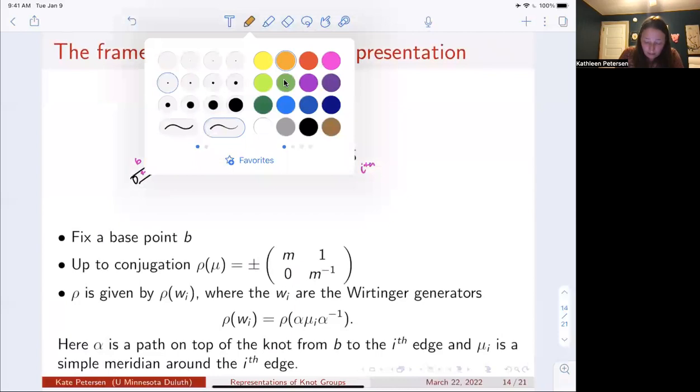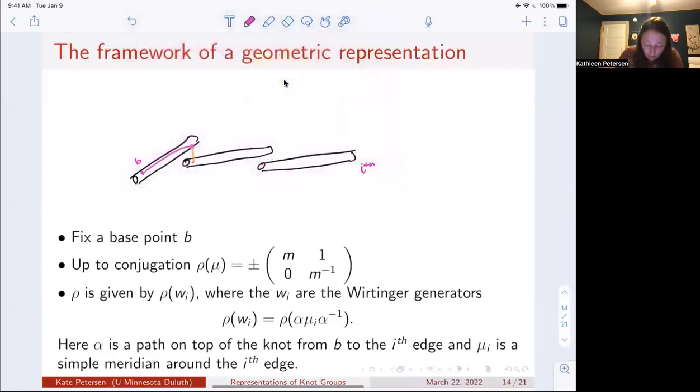And then I'm going to go over for the peripheral. I'm going to go down with a crossing. And then I'm going to use a peripheral. I haven't written the orientation, but the knot is oriented, so I have a correct choice of orientation there. And then I'm going to retreat back along the peripheral, back along the crossing, back along the peripheral.